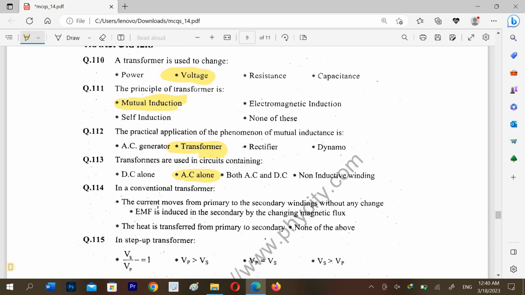In a conventional transformer, EMF is induced in the secondary by the changing magnetic flux.